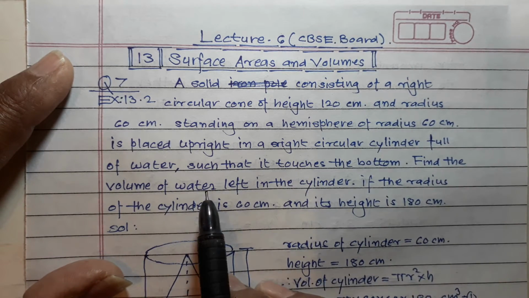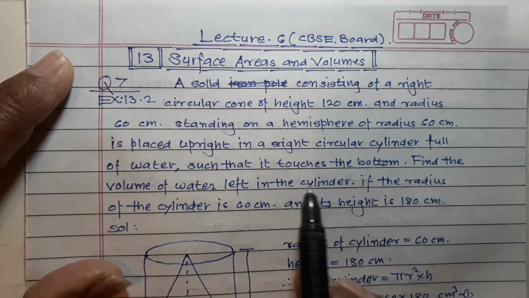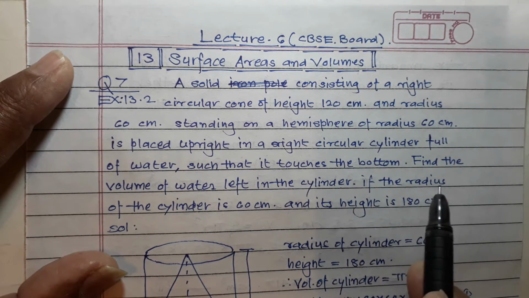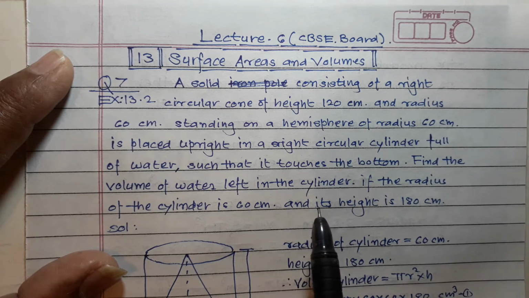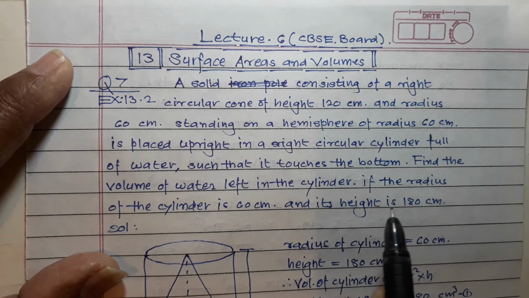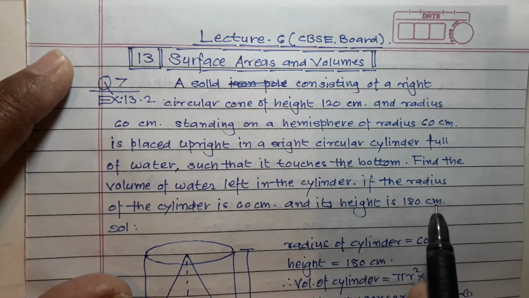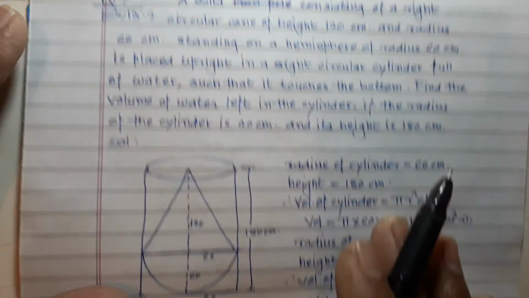Find the volume of water left in the cylinder if the radius of cylinder is 60 centimeter and its height is 180 centimeter.